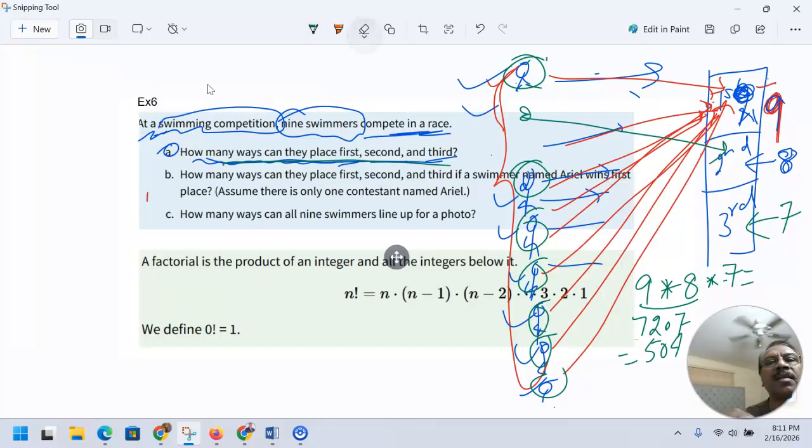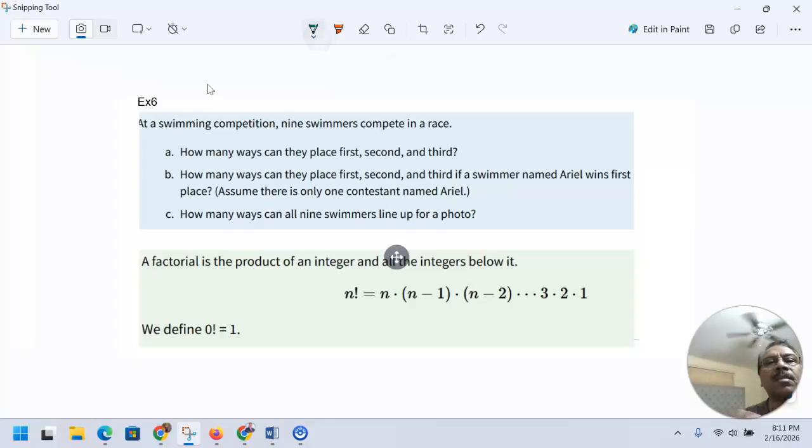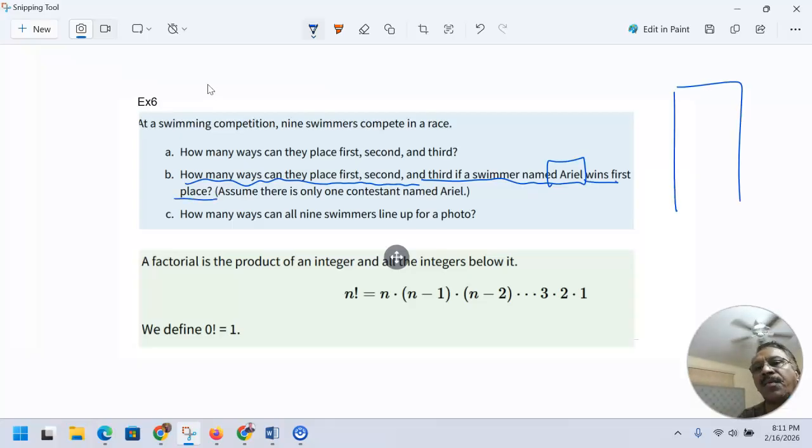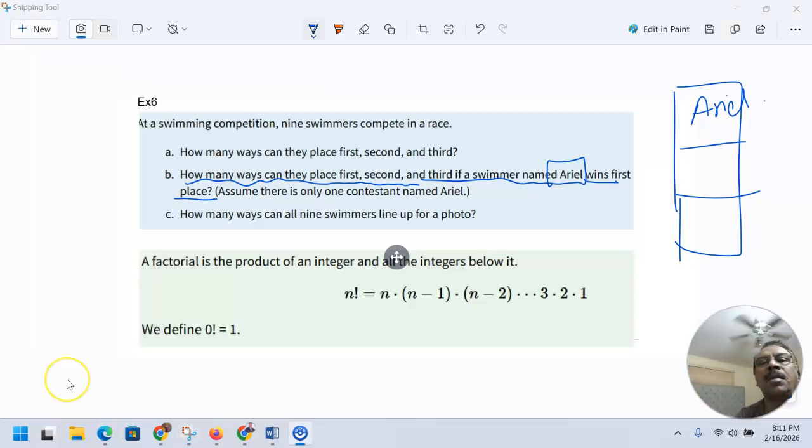Next question says, how many ways can the first place, second place, and third place be filled if the swimmer Ariel wins the first place. So that means in the first section, Ariel is already there.